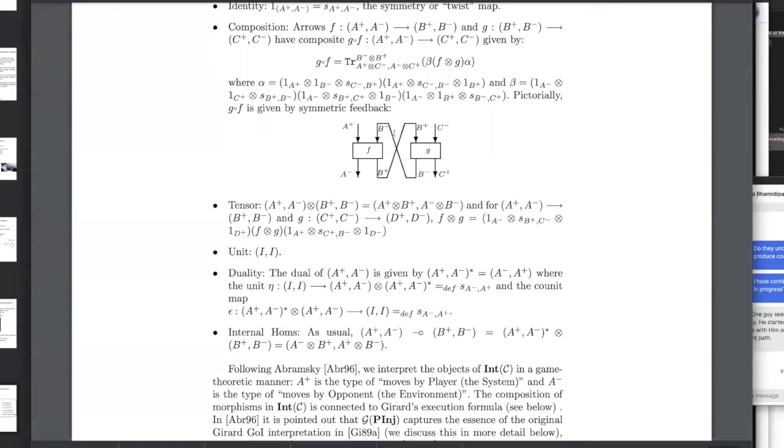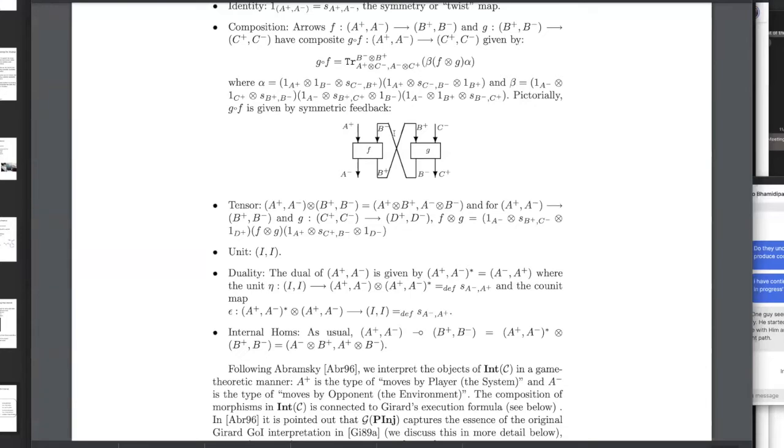Now, in order to have these traces exist, you can build a canonical trace if your category has two properties. It has a tensor product and it has what's called a unique decomposition. So you can take your tensor product and write it in terms of its factors. Think about this as like the unique factorization theorem for multiplication.